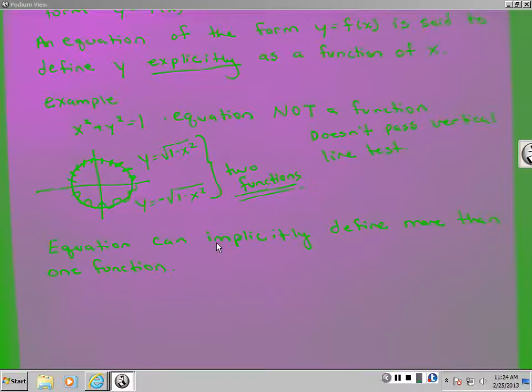If I said x is a half, what is y? Y has two outputs, which we automatically know is a problem when we're talking about functions. So in this chapter, or in 3.1 specifically, it will give you: find the slope at x equals 10, y equals 3. So it will tell you the point 10, 3, or 10, minus 3.